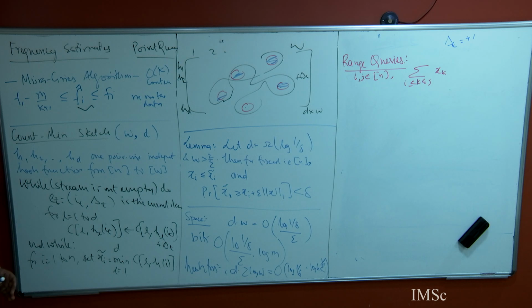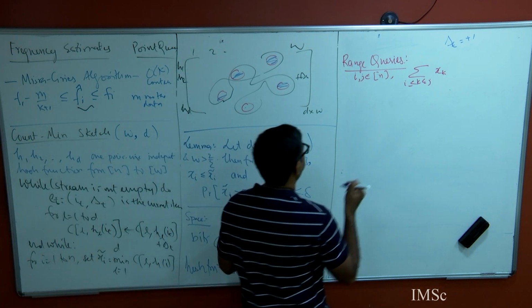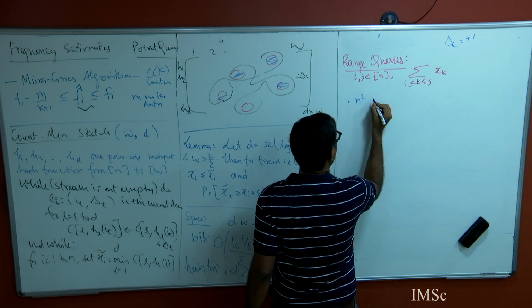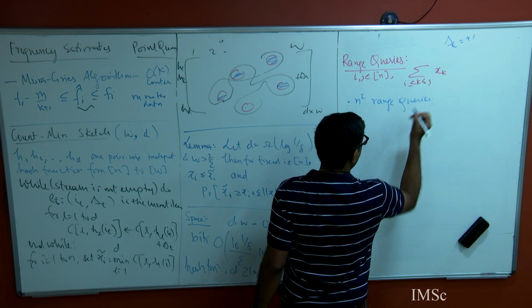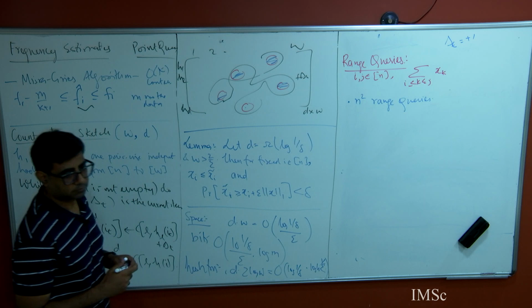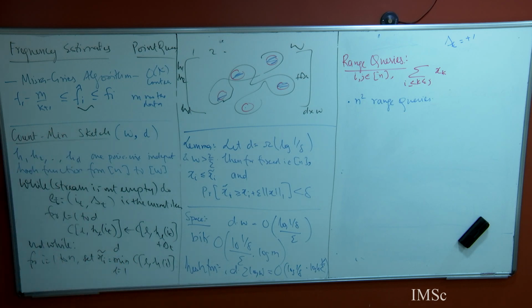N square range queries are there. So I want my sketch to be done, and after that, when you give me a query, I want to answer that as quickly as possible.